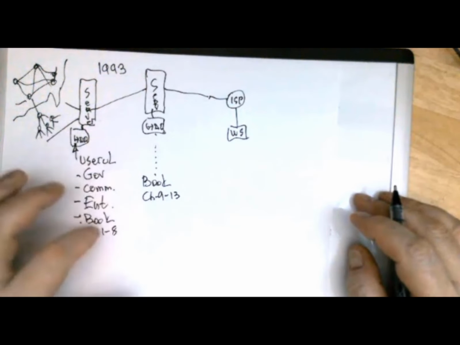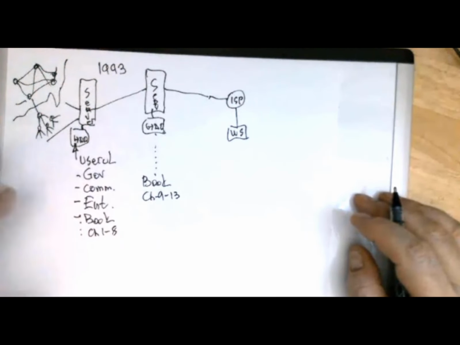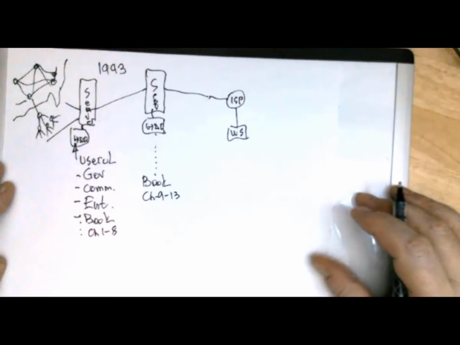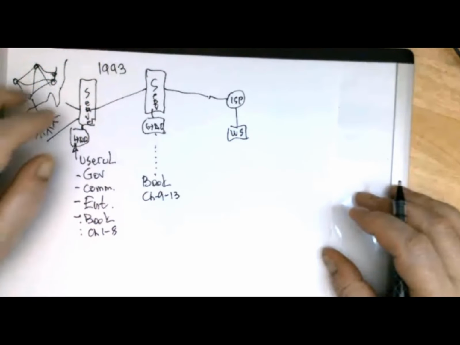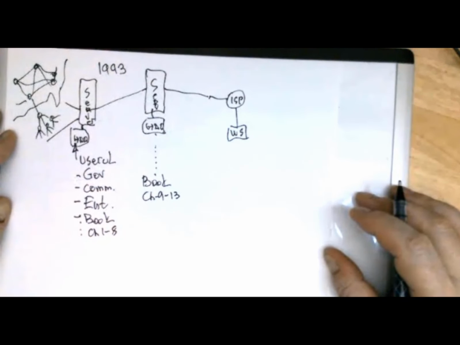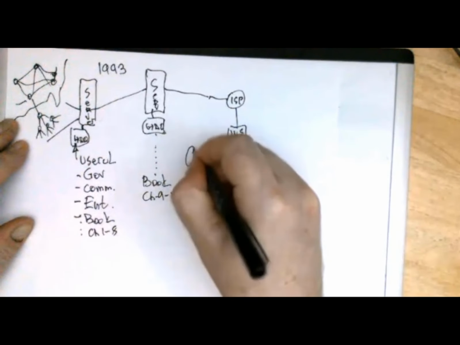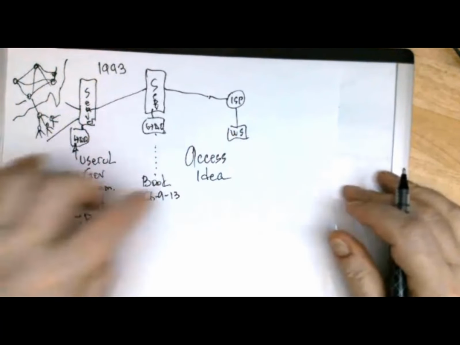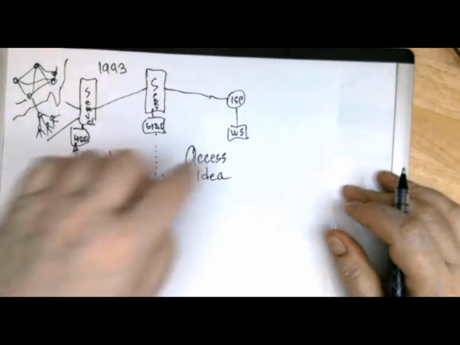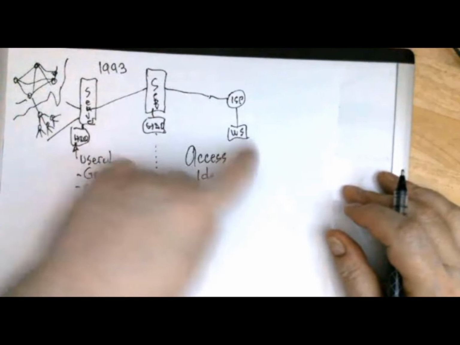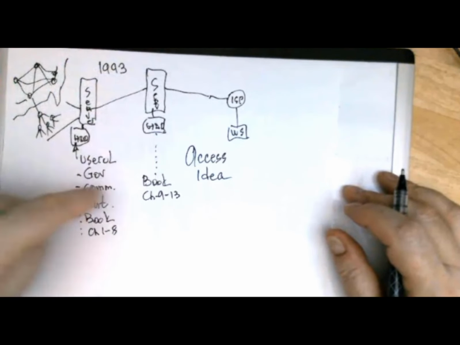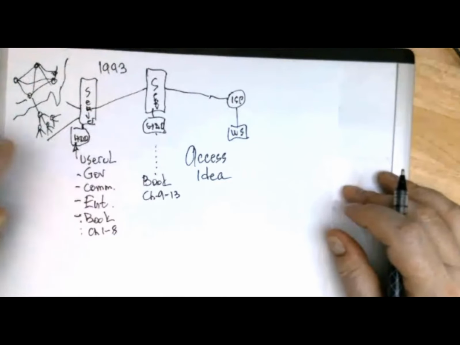How can you get access to this book, for example, if this is a professional book and you need to read the entire book tomorrow? So the people who created this network said, okay, we need to create the access idea to all of these servers, how a regular user can access this particular information.